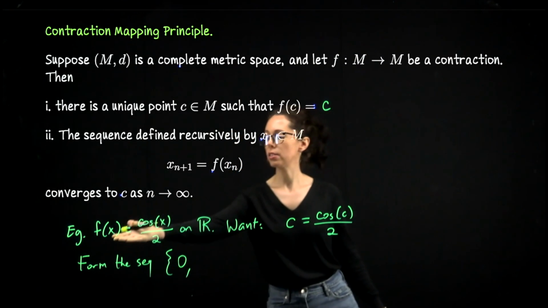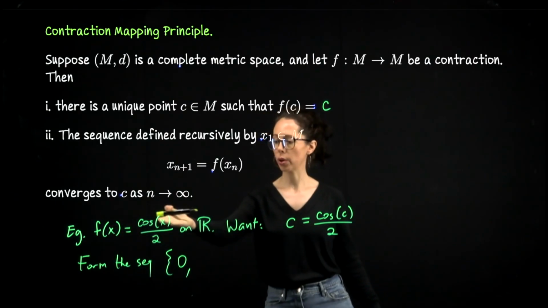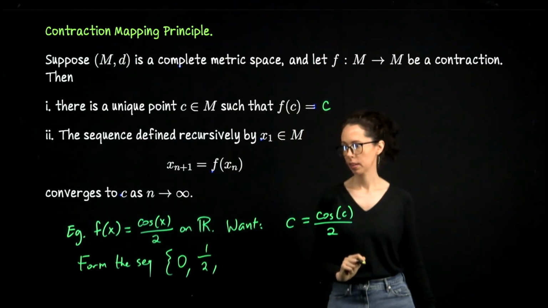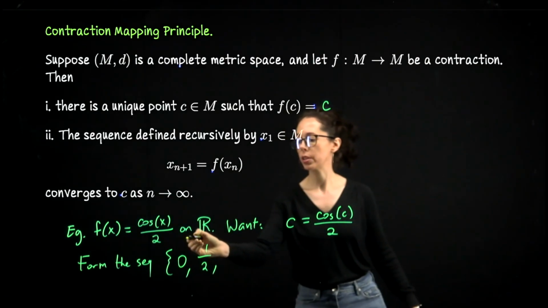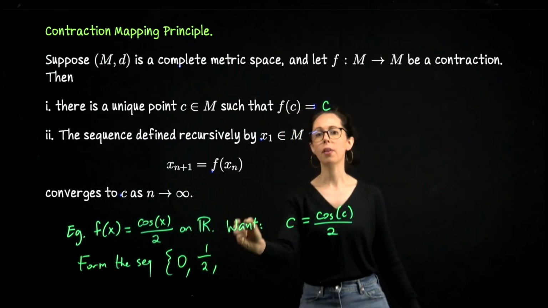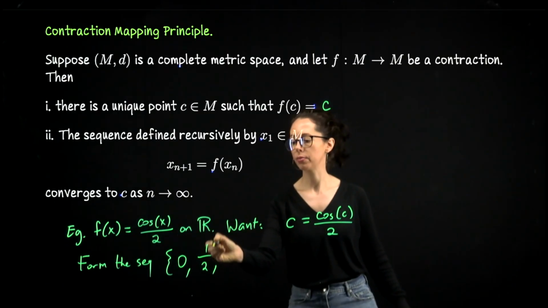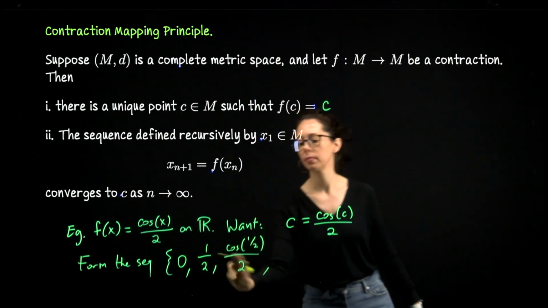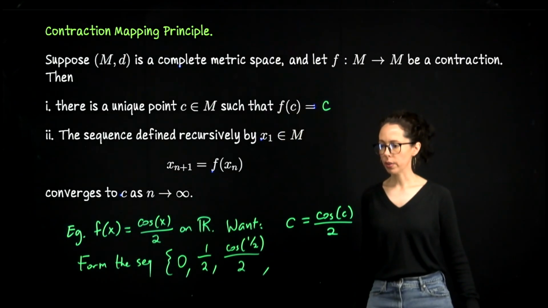Plug 0 into f. f of 0 is cosine of 0 over 2, which we know is 1/2. And now plug that back into f. So f of 1/2 is cosine of 1/2 over 2. And then you could do that again.